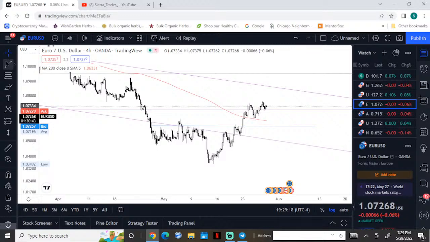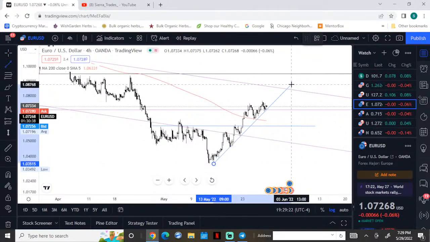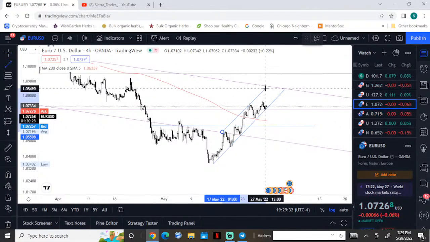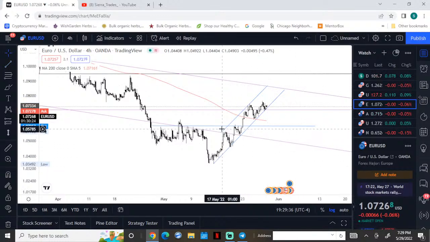I see a 4 hour trend line. So beautifully and perfectly curated. There we go.